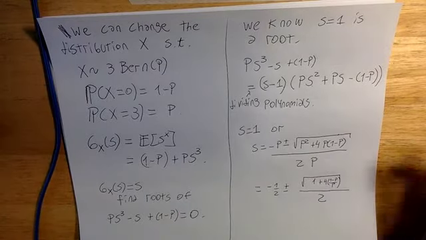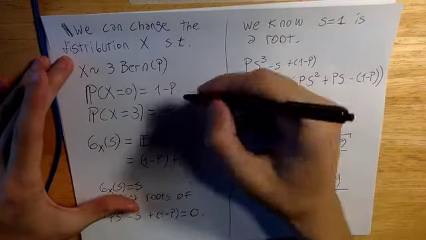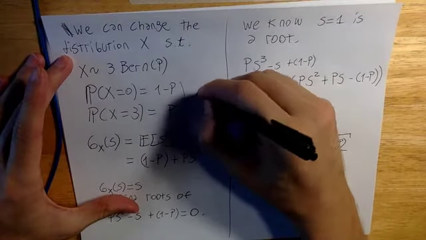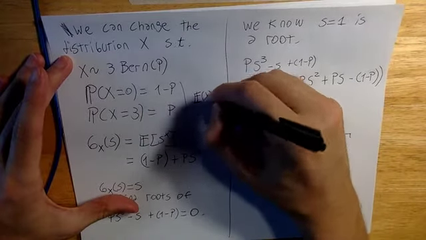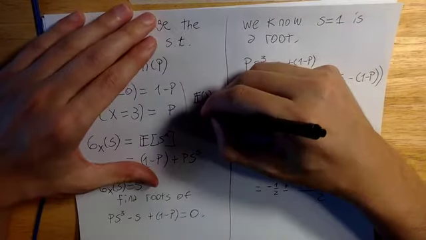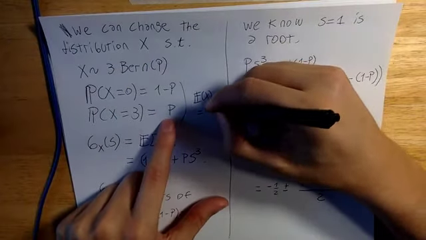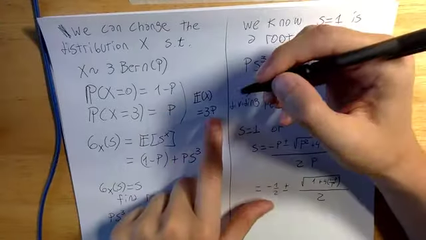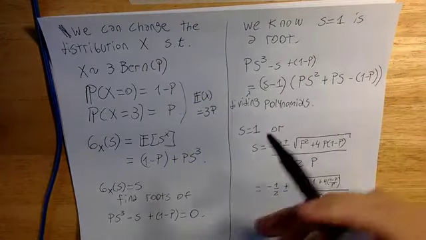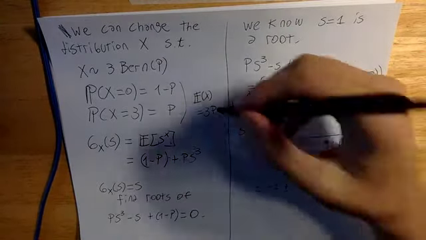So again, before we can actually look at the expectation of x, the expectation of x is just going to be equal to 3p. Okay, so now what we realize is, as I said before, this is R0.